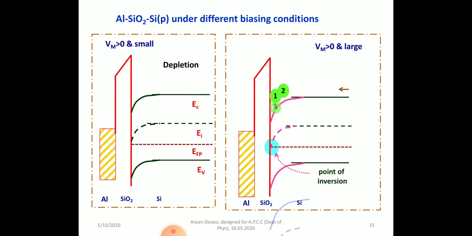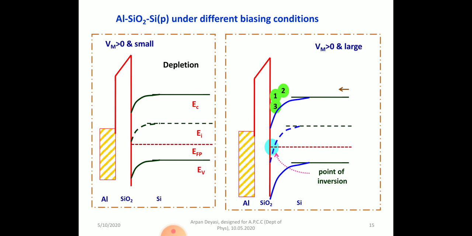And if they touch, then obviously if you increase the potential more, what will happen? More carriers are coming, so the band will bend more. And if the band bends more, then the intrinsic Fermi level crosses the extrinsic Fermi level. Now please consider what will happen if the intrinsic Fermi level crosses the extrinsic Fermi level.